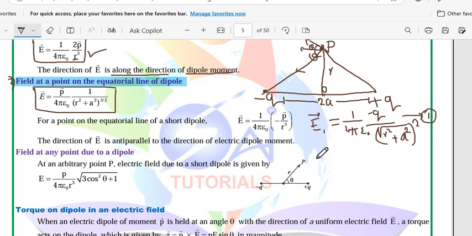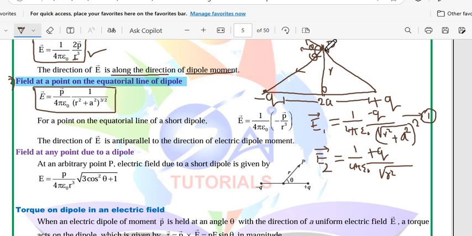Similarly, for the electric field E2, the point charge plus q, it will become 1 by 4 pi epsilon naught into plus q divided by root of r square plus a square.